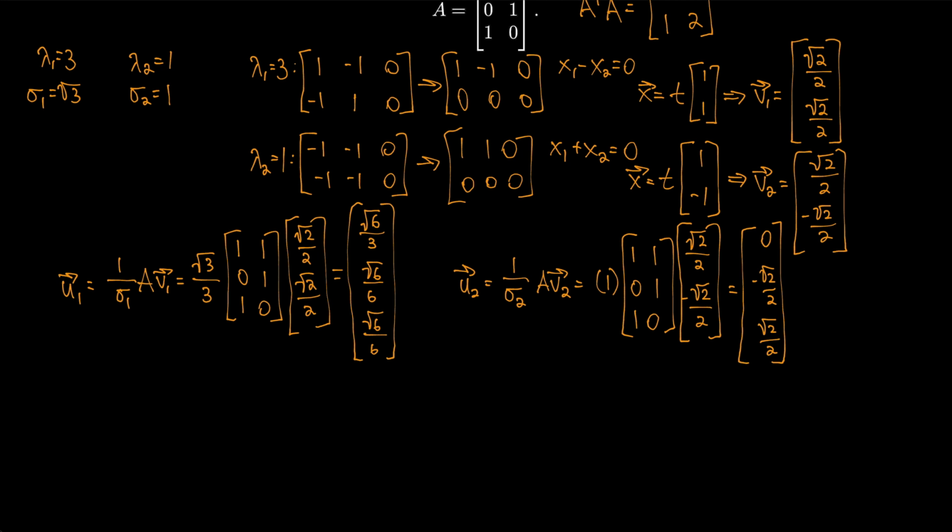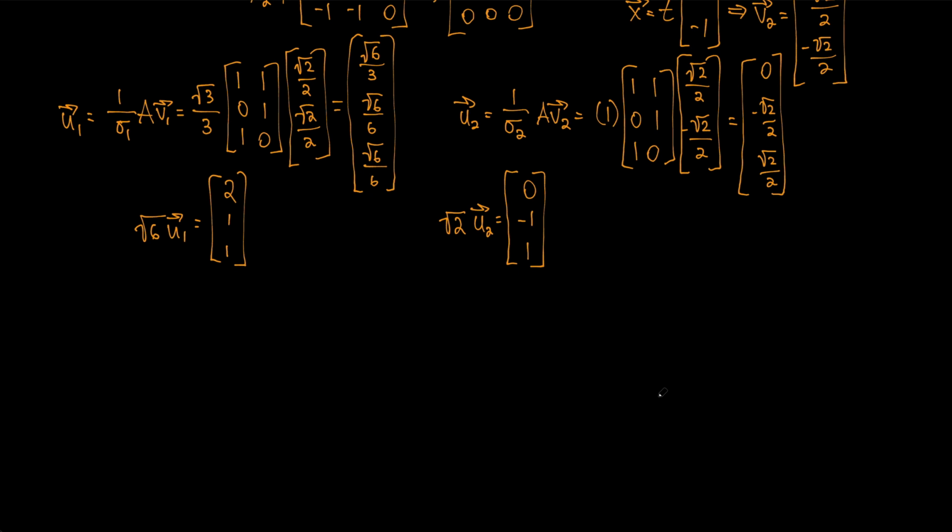So now we'll take square root of 6 times u1, so that we can get rid of these square roots and get a nicer form for u1. We'll get 2, 1, 1 by multiplying through by rad 6. And let's multiply this one by rad 2, and we'll see that rad 2 times u2 is equal to 0, minus 1, 1, because these forms of u1 and u2 will be easier to work with.